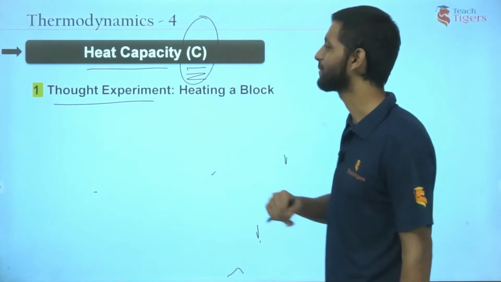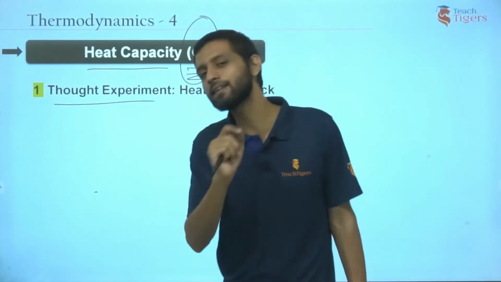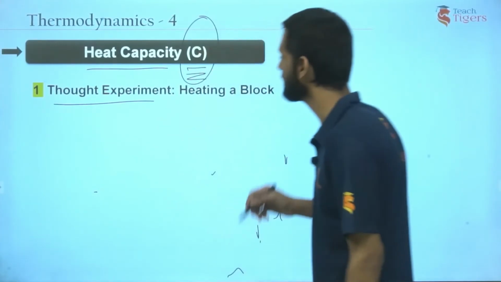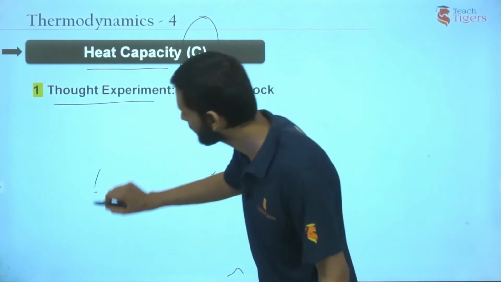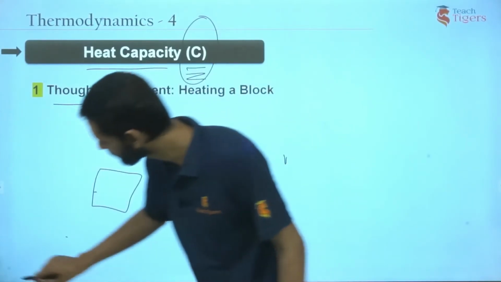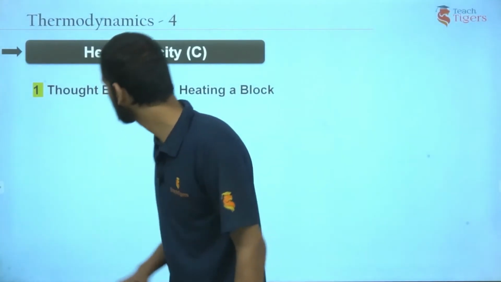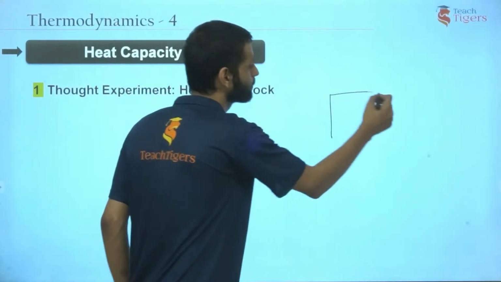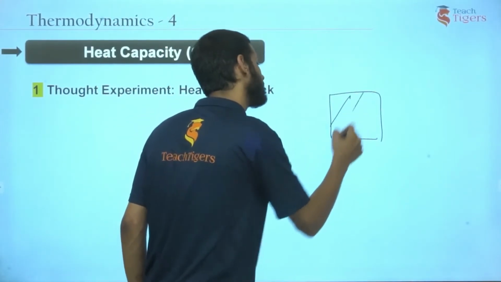So heat capacity. I said heat capacity is the heat required to raise the temperature by 1 unit Kelvin. All right. So if I have a block, I'll just clear the board to make space for writing this down. If I have a block, it will have some heat capacity.